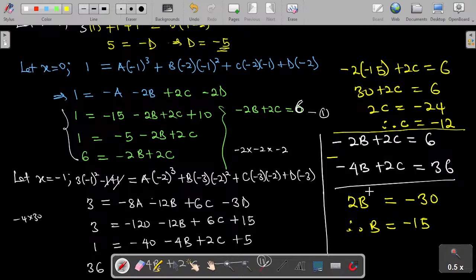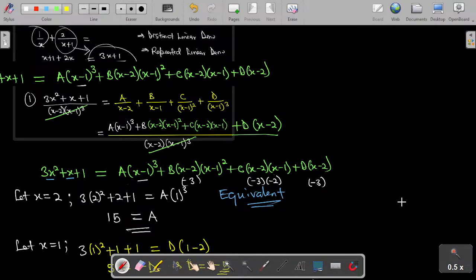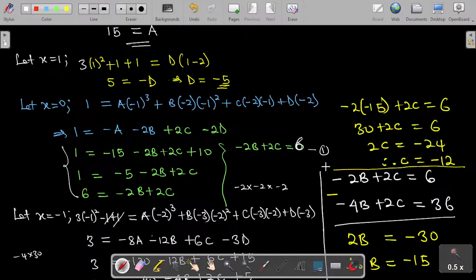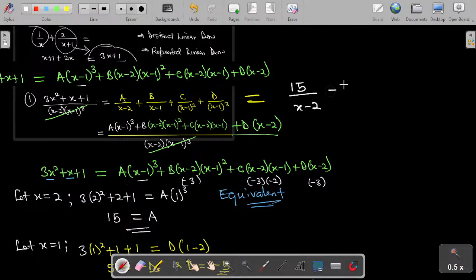We have gotten our A, B, C, D, and we can finally substitute into the original fraction that we have here. Therefore, our partial fraction is going to be, our A is 15, so we'll have 15 all over x minus 2. Then our B, what did we get as our b? Minus 15. So that's going to give us minus 15 all over x minus 1.